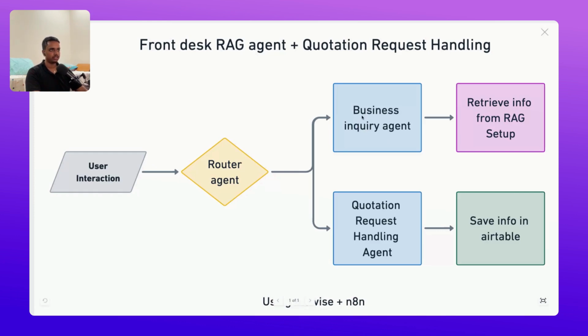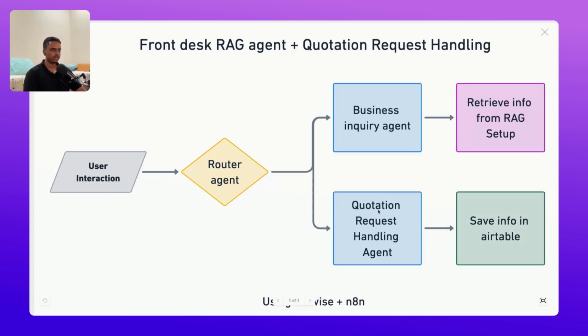So this business inquiry agent is capable of handling any questions related to business, and it can also answer frequently asked questions from existing customers or other customers that visit the site, which is connected to a RAG setup, which is basically a vector database where all the data related to the business is stored.